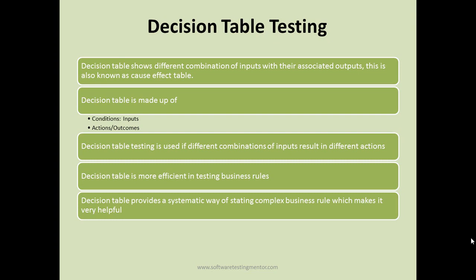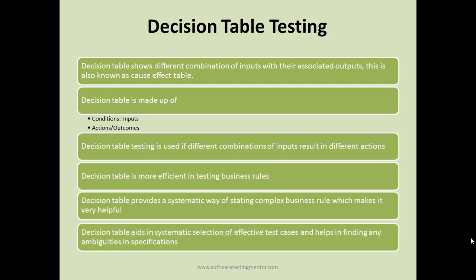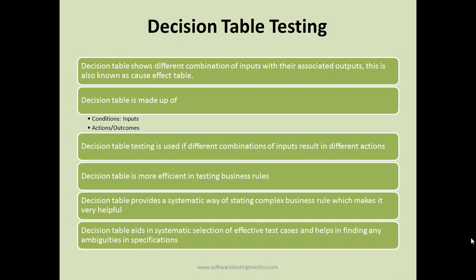Whenever you have complex business rules, you can have them in the form of different conditions, and based on those conditions you can identify what will be the outcome of that business rule. And because of that, it becomes very easy to identify those complex business rules. A decision table also aids in systematic selection of effective test cases and helps in finding any ambiguities in the specification.